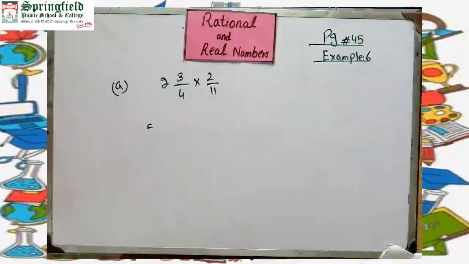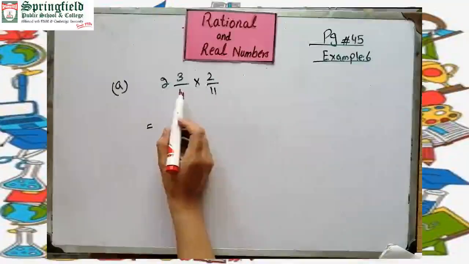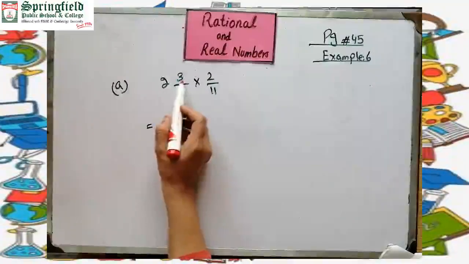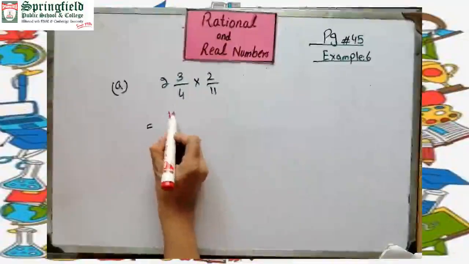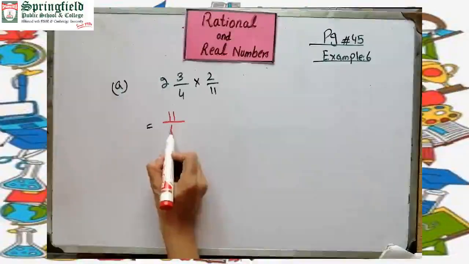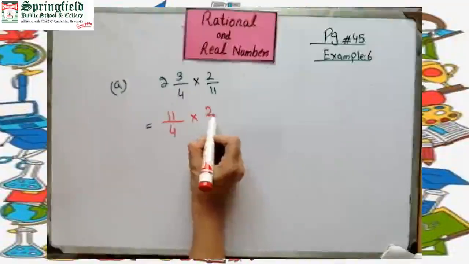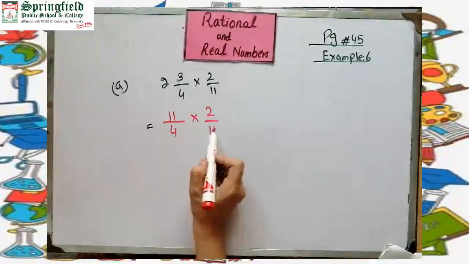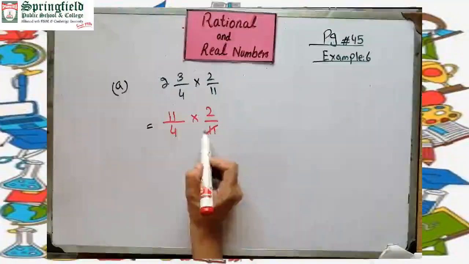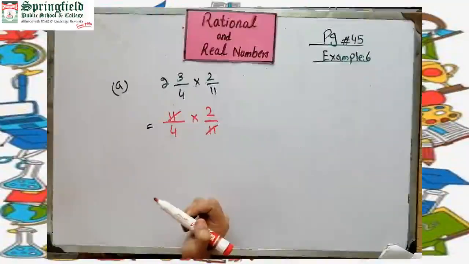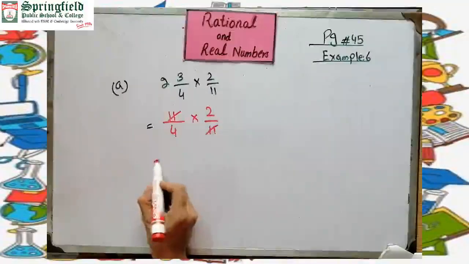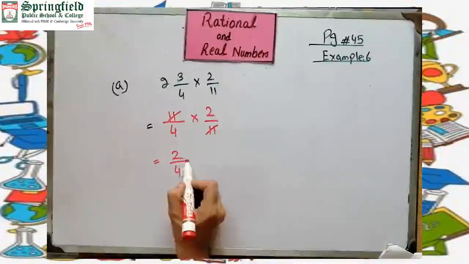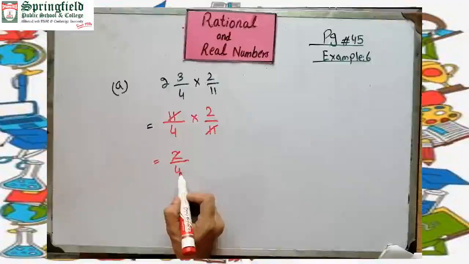So beta, first we will convert the mixed number into a fraction. 4 2s are 8 plus 3, 11 divided by 4, multiply 2 divided by 11. So beta, in cross multiplication the 11 can cancel with the 11. So just 2 divided by 4 is obtained. So 2 can be cancelled with the 4.